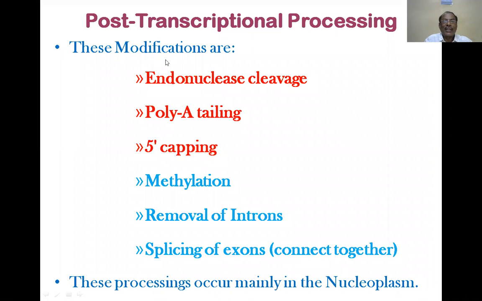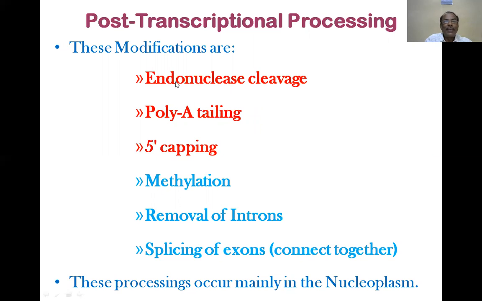Now, post-transcriptional processing. After completion of mRNA synthesis, the nascently synthesized mRNA is called hnRNA. This hnRNA is now modified. What happens? Endonuclease cleavage: here and there, that mRNA is cut. Then adenines are added to the mRNA, which is called polyadenylation, or poly-A tailing. This also occurs after transcription. So these are all called post-transcriptional processings.